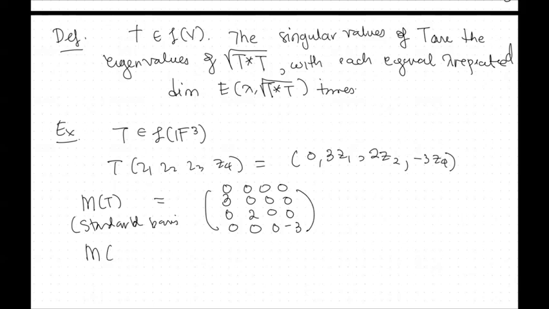Then the matrix of T star is 0, 3, 0, 0, then 0, 0, 2, 0, and then 0, 0, 0, 0, and then 0, 0, 0, negative 3.